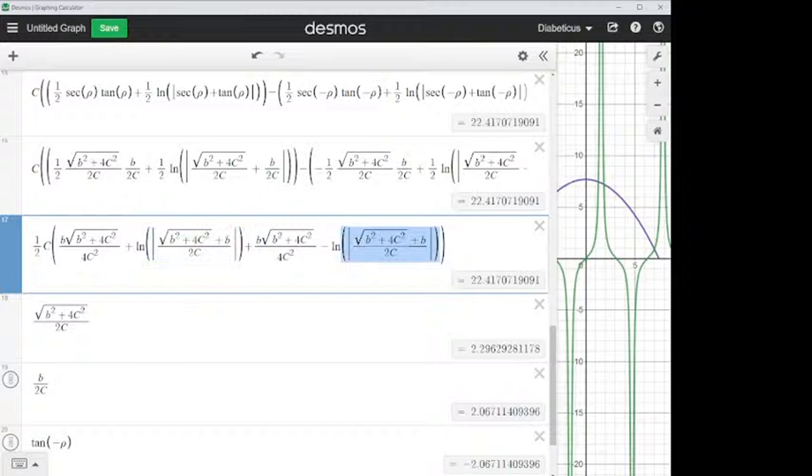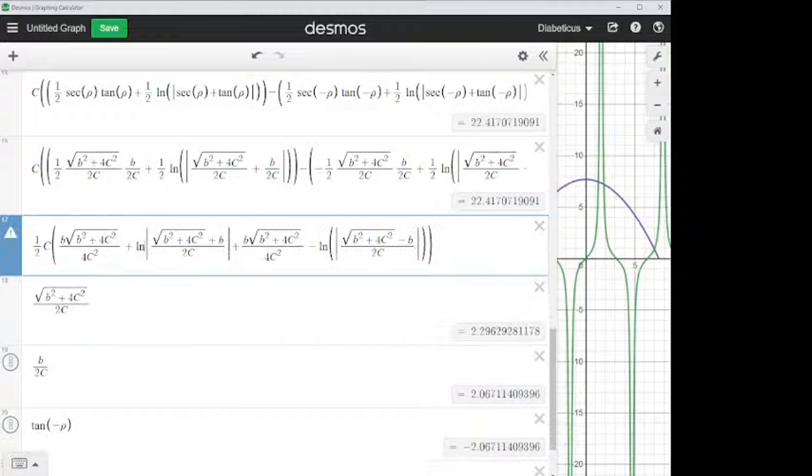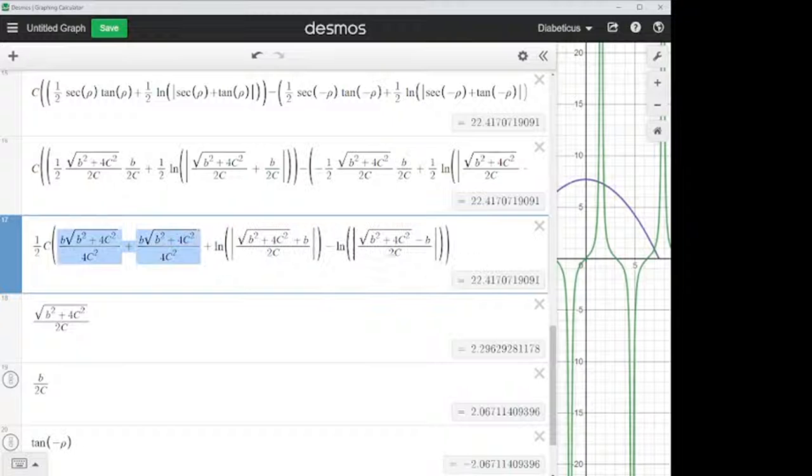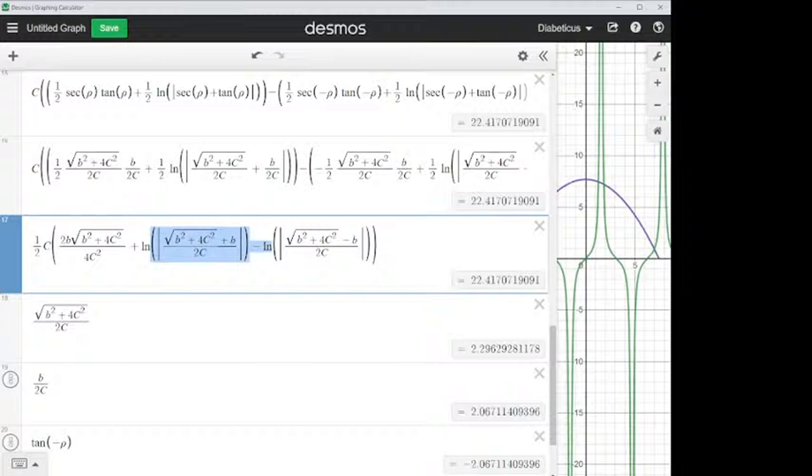These parentheses are important. This mode does not recognize pure absolute value signs inside. You need the parentheses for that. Okay, now what? Oh, look at this. Let me put this thing beside here. So we have two of the same thing. So I just put two in there and then delete that thing.